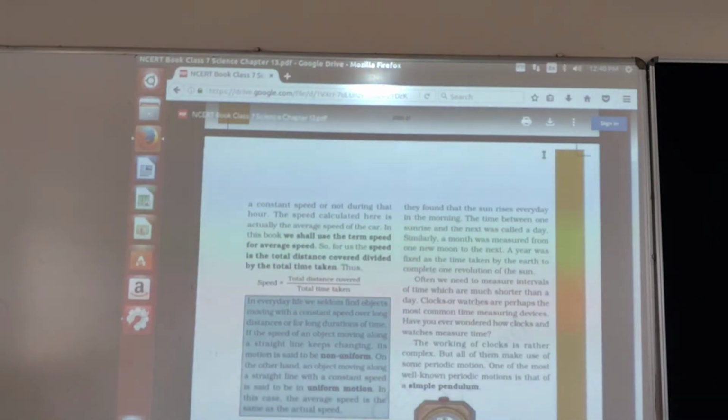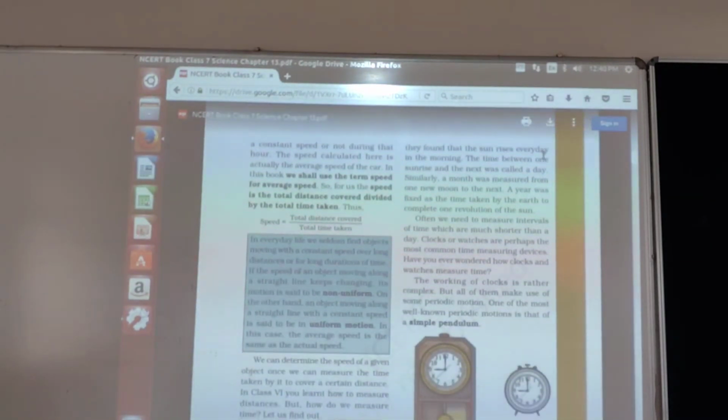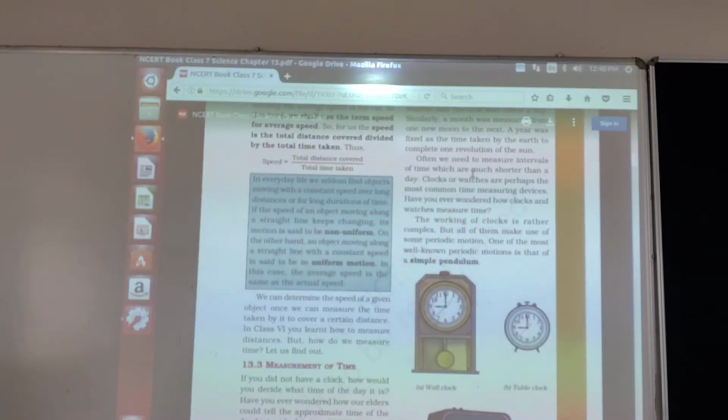So the formula of speed is: speed is equal to total distance covered upon total time taken. What is the formula of speed? Speed is equal to total distance covered upon total time taken.